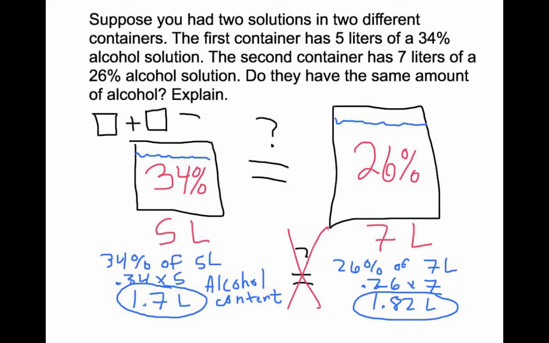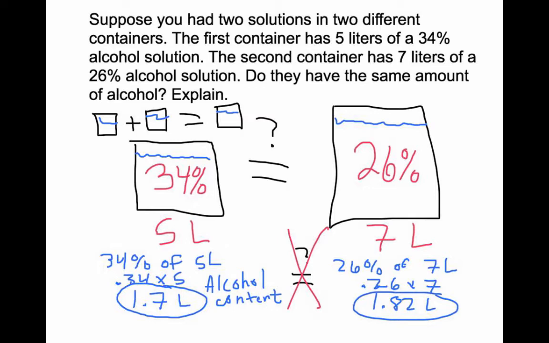We're going to add them together, and that's going to produce a third box. I say box, but this is just a picture to help us draw. If I mix two solutions together to produce a third, then the alcohol content on the left-hand side needs to equal the alcohol content on the right-hand side.